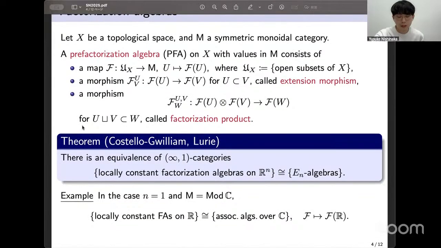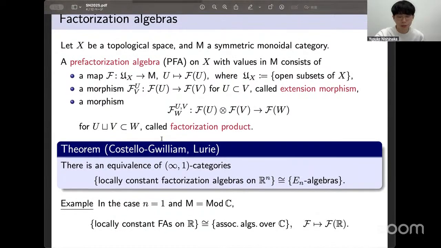A prefactorization algebra is then a precosheaf together with morphisms F_UVW called factorization products, for each open subsets U, V, W such that U and V are disjoint and both contained in the larger open subset W. A factorization algebra is a prefactorization algebra that satisfies a kind of local to global condition similar to the sheaf condition, but I'll skip the details here.